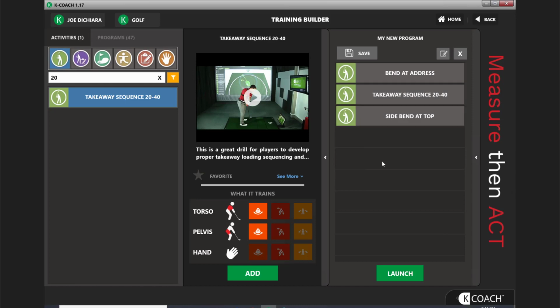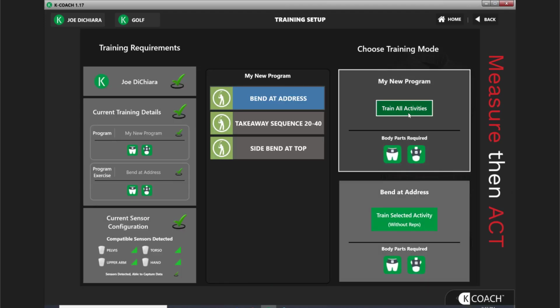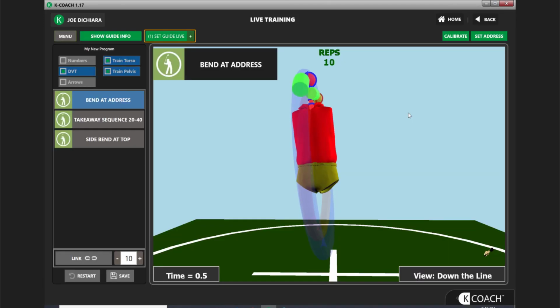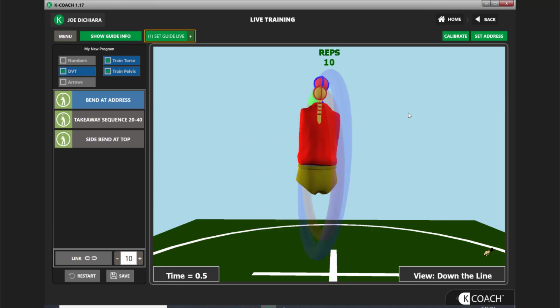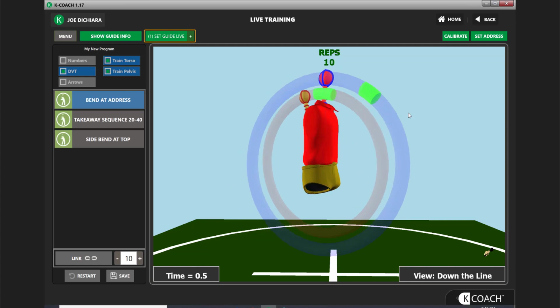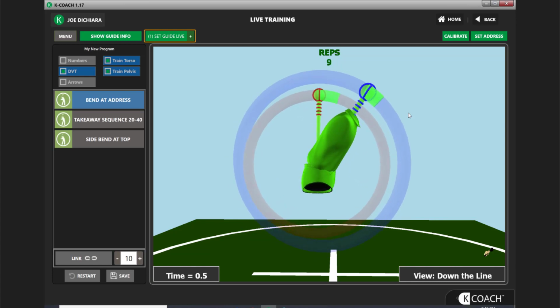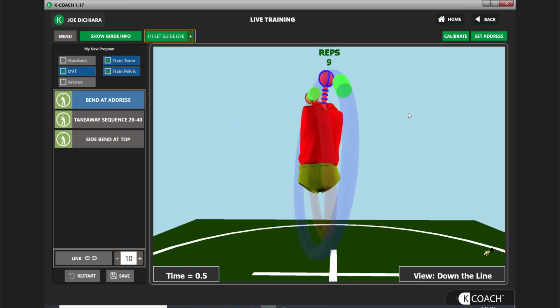Now it's between my address and my top, which is where it should be. What this would look like is, if I launch this program, train all activities, now if I come in here and grab a golf club, I can get into my posture.